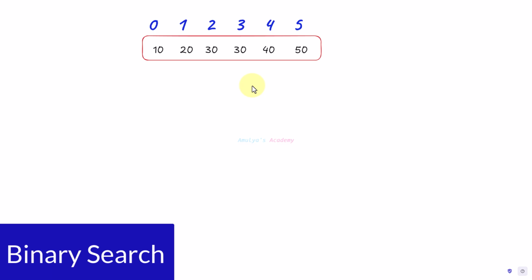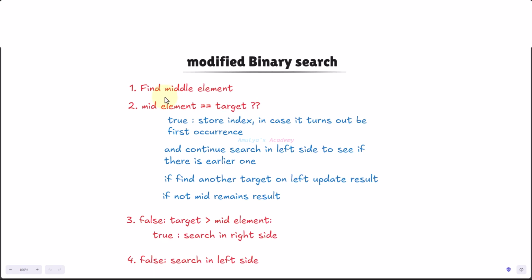But here we can't use the normal binary search algorithm because in normal binary search, as soon as we find the target, we return the index, right? But here the element may appear multiple times because duplicate elements are allowed and we want to find the first position. So we need to modify the binary search algorithm. First we need to find the middle element. Then compare the middle element with the target element.